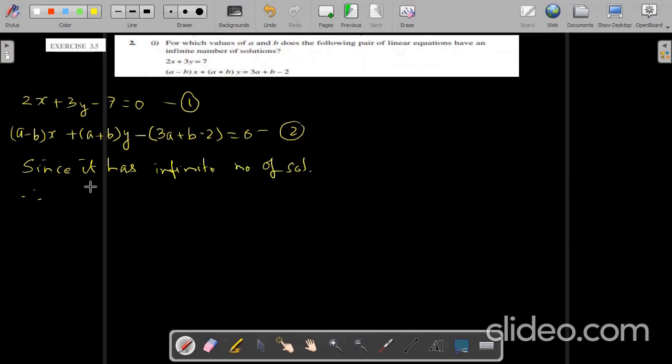Therefore, the condition for an infinite number of solutions is a1 upon a2 is equal to b1 upon b2 is equal to c1 upon c2.